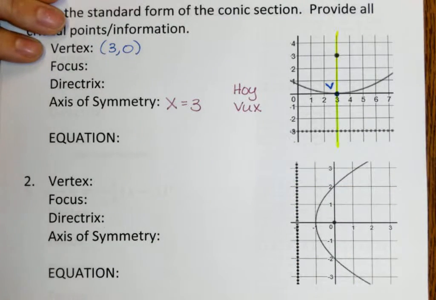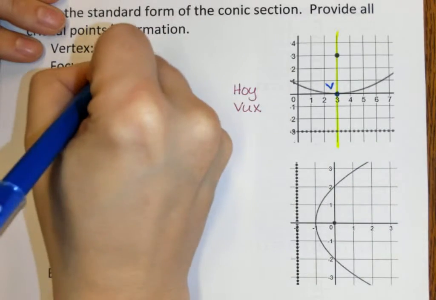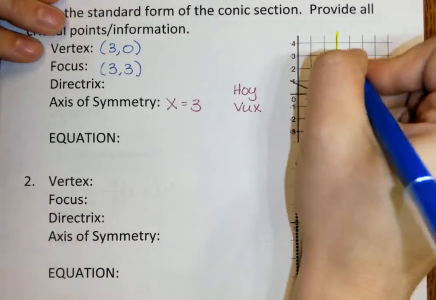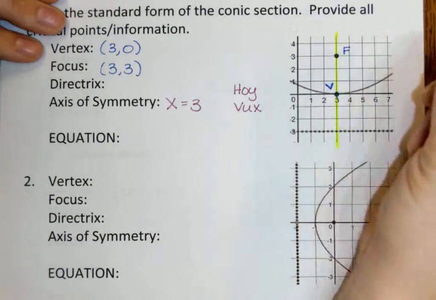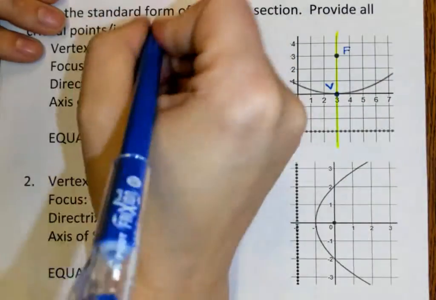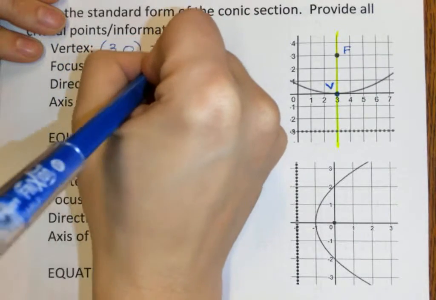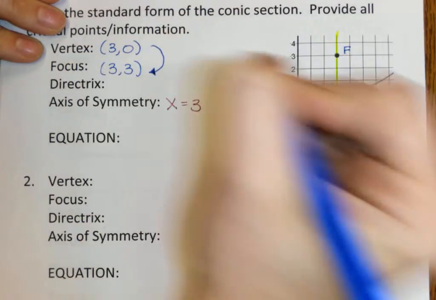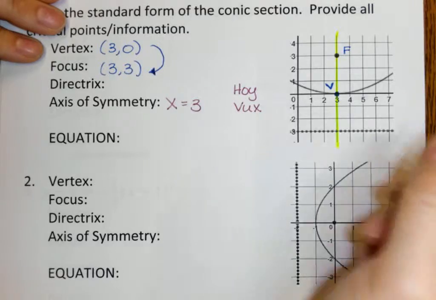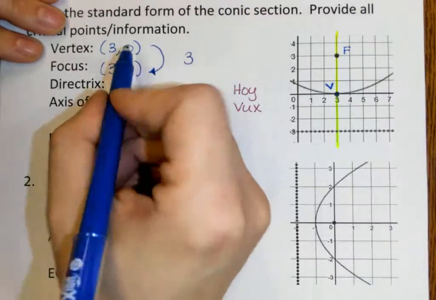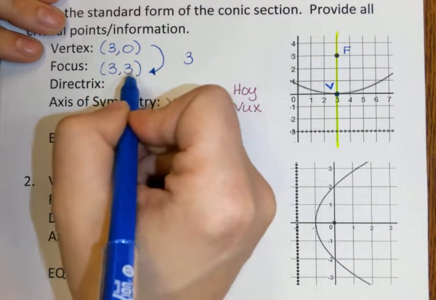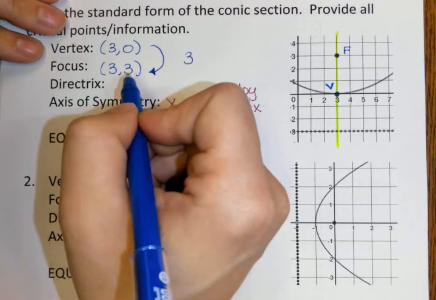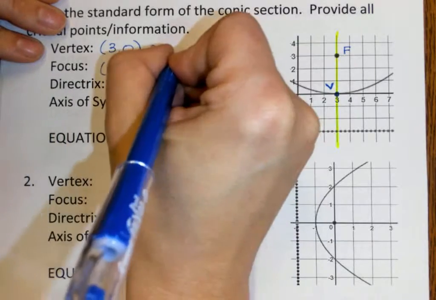All right, so looking at my graph, where is my focus? 3, 3. How far did I move from my vertex to my focus? 3. To get from your vertex to your focus, did you add 3 or subtract 3? Add 3.